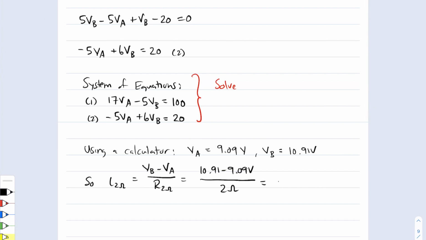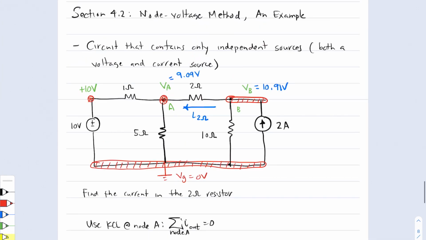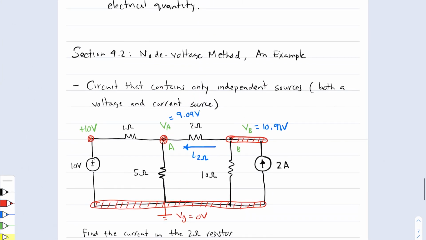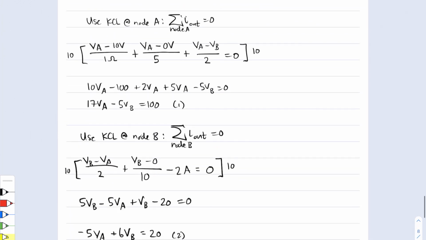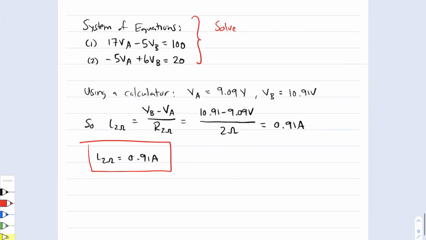And you can throw this into your calculator, and what you should end up with is a current of 0.91 amps. So finally, the current flowing through the 10 ohm or the 2 ohm resistor is 0.91 amps, and it's going from the node that we labeled B all the way down to the node that we labeled A. This will complete this example.